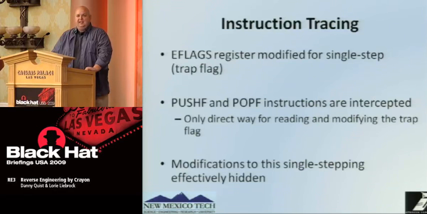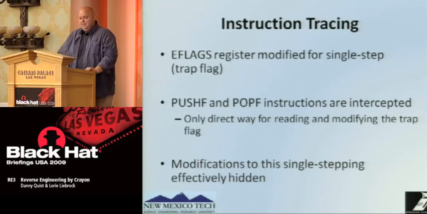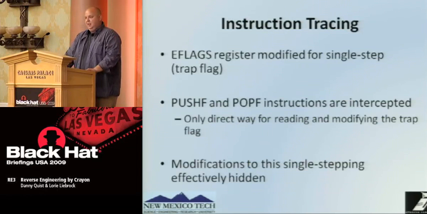Instruction tracing is implemented by manipulating the EFLAGS register. It sets the trap flag on a running system, and basically every time there's a trap, it intercepts that, logs it to its local system, and then allows it to continue executing. To prevent programs from seeing that the trap flag is set, it hooks the PUSHF and POPF instructions on the running system, which are the ways of looking at the trap flag.